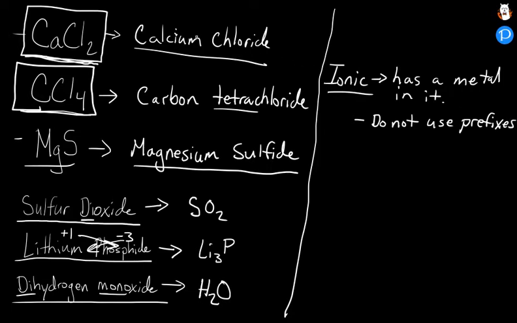Again, the prefixes are this tetra or di or mono that we put in front of the word. We do not use prefixes in the name. So constantly students will mix up the rules for this, and they'll say calcium dichloride, which would be incorrect.